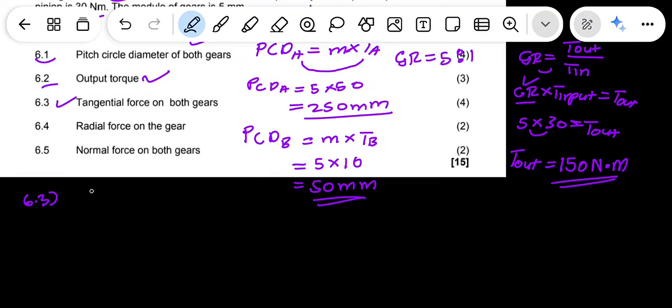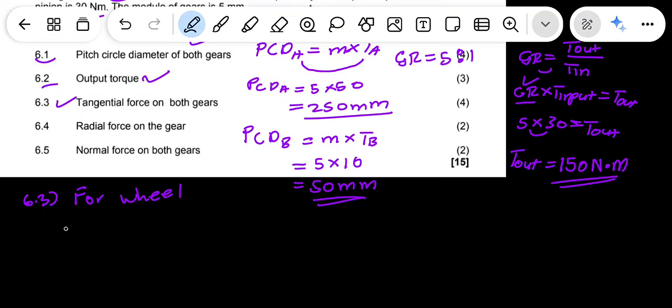Let's calculate for the pinion or rather, let me just have this for the wheel. For the wheel, we have to calculate the tangential force.